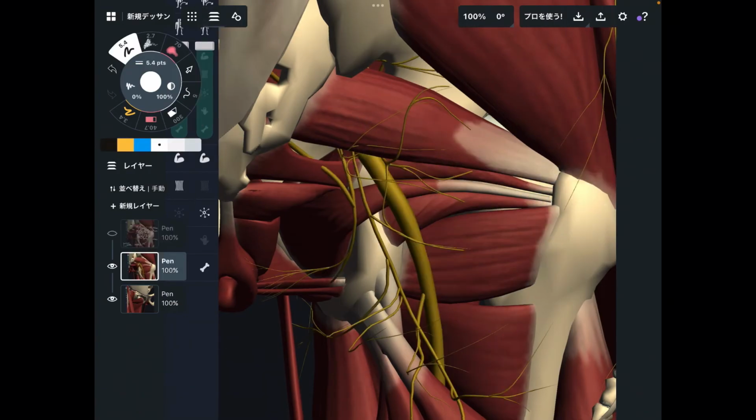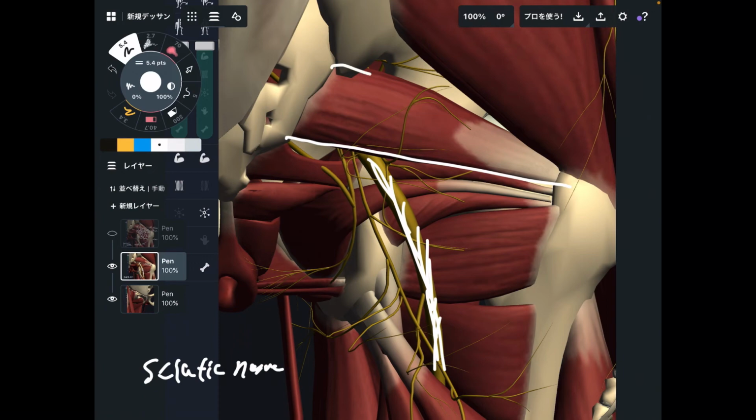Now, let me explain important anatomical connection. The most famous connection is this one. This is sciatic nerve. This is the biggest peripheral nerve in human body. Why is that so important relating to deep lateral rotators? Because this is piriformis. Sciatic nerve shows up from inferior part of piriformis.